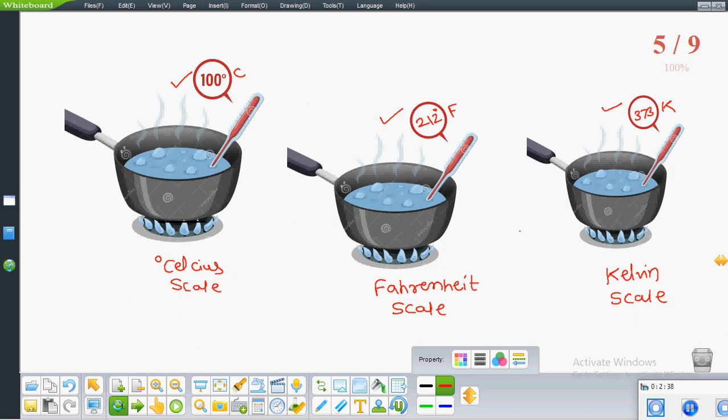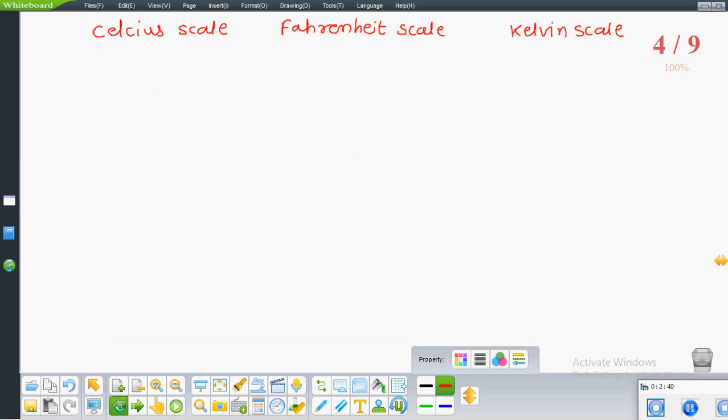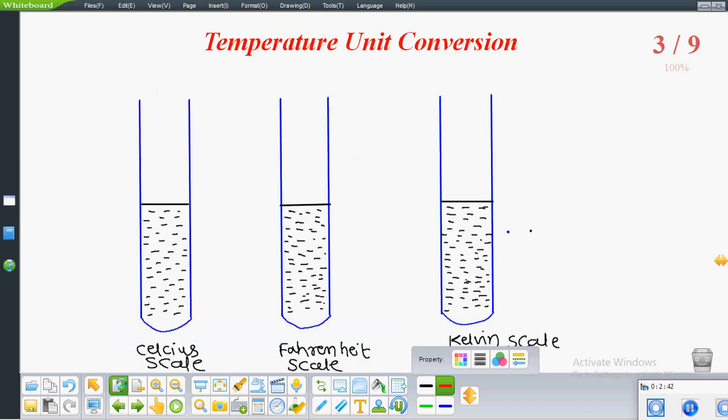So I just plot here the three readings from this first step. This is the 100 degree centigrade reading. This is the 212 degree Fahrenheit reading. This is the 373 degree Kelvin reading.